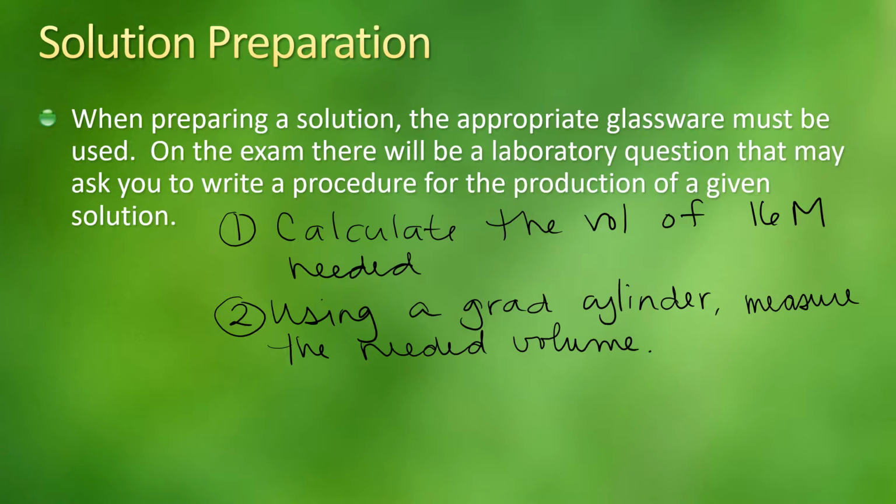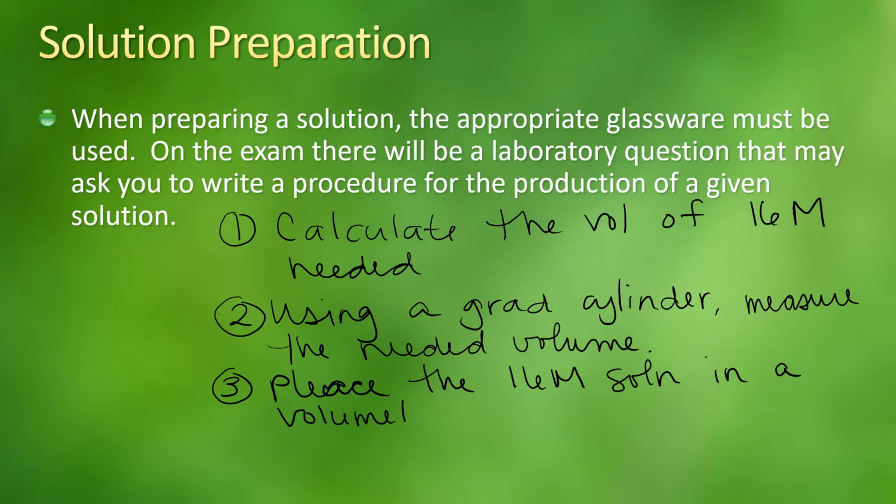Because this is AP chemistry, we want everything to be as accurate as possible. So instead of simply dumping it into a beaker and adding some water, we're going to place the 16 molar solution in a volumetric flask. A volumetric flask is a very, very accurate piece of equipment.